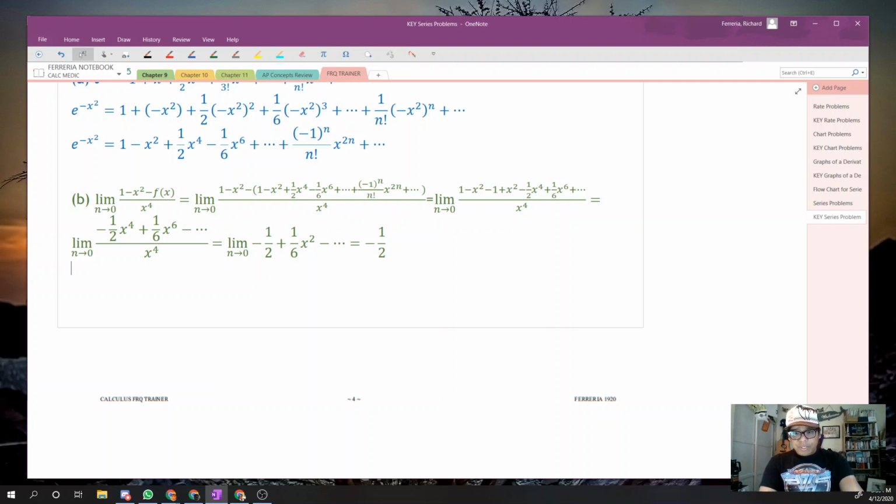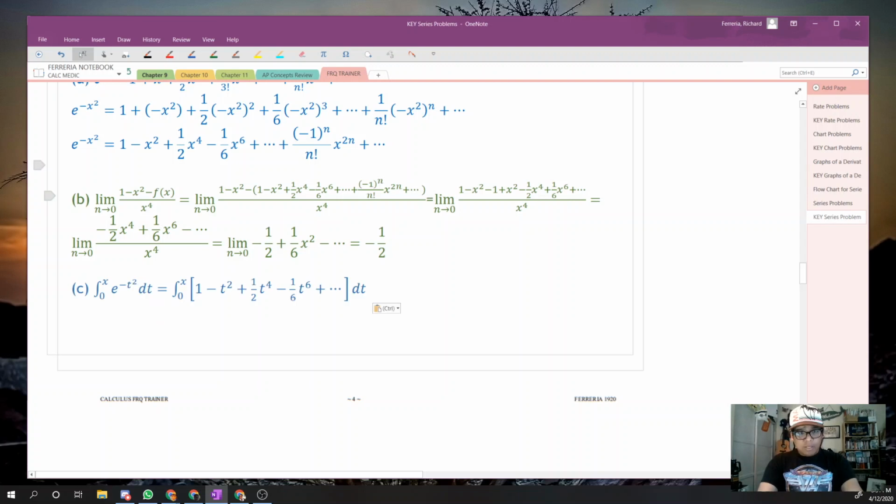Let's take a look at letter C. C says to integrate e to the negative t squared dt. Now, when you're on the AP test, there's never going to be any what we call difficult integrations. And this would definitely be a difficult integration. You can try a u substitution, and that negative t squared is never going to balance out.